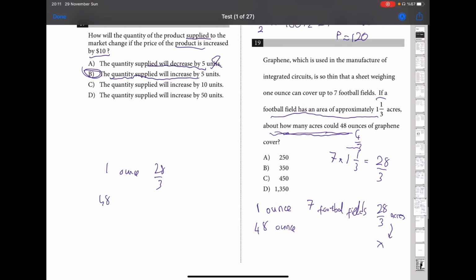So to find 48, I would multiply 48 by 28/3 because this is a proportionality equation. 48 times 28/3 is 16 times 28. Let's use my calculator. It is 448. So the closest one is 450.